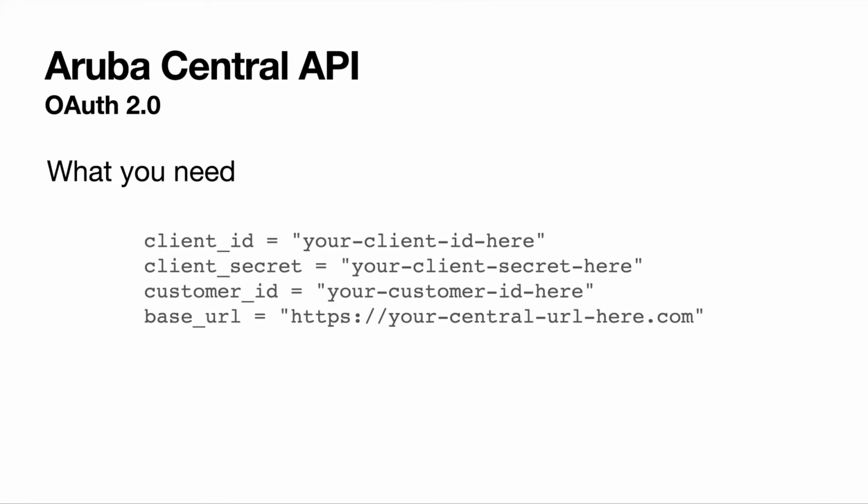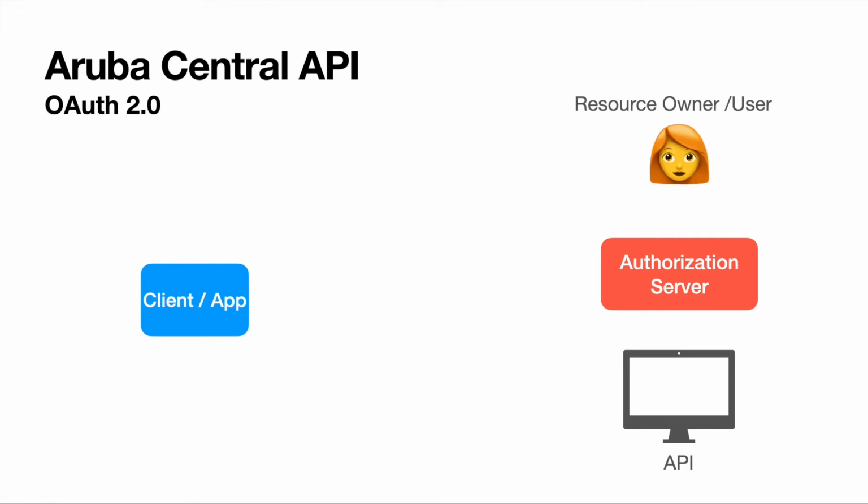Now that we've got the required information, let's have a detailed look at the Central authorization workflow in action. So we're back here with our four entities: our client or application, our resource owner, the user, our authorization server, and our API.